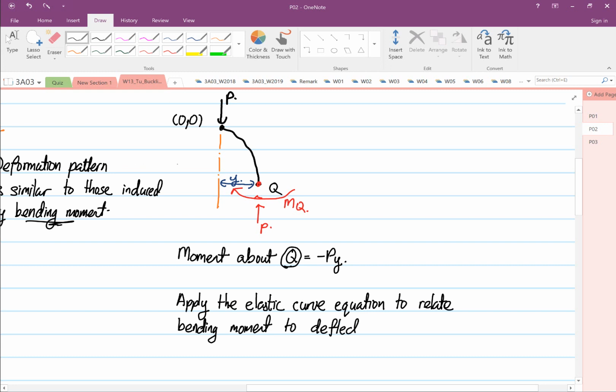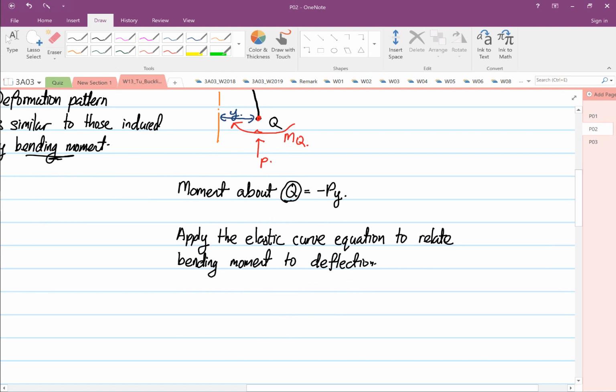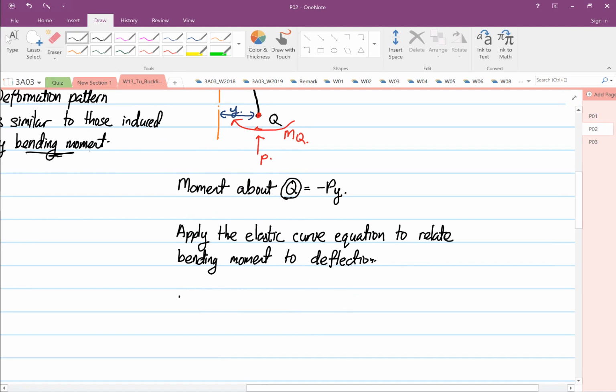We learned this last week. So we know that the moment M is equal to EI d squared y over dx squared. This we are aware of. So this is where we apply the elastic curve equation. I'll come back again.